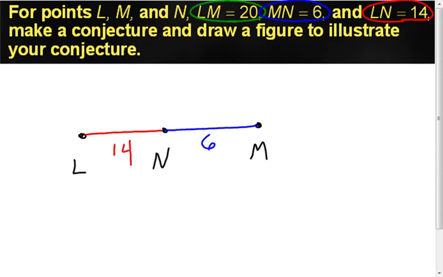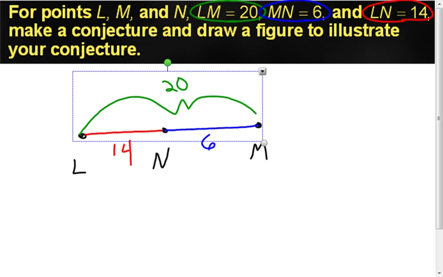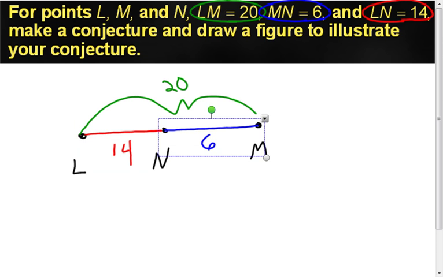And it tells us the length of segment LM, at the very beginning, was 20. And if my whole segment is 20, it would make sense that the 2 pieces could be 14 and 6. They don't have to be, but in this case, it's telling us that that's the given information, so I know that much.